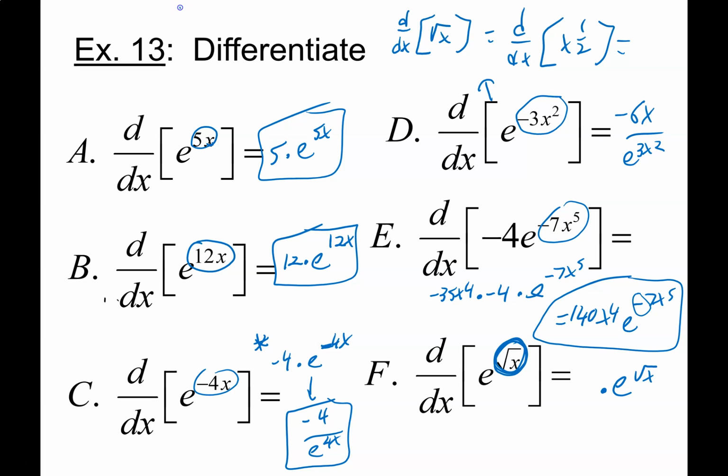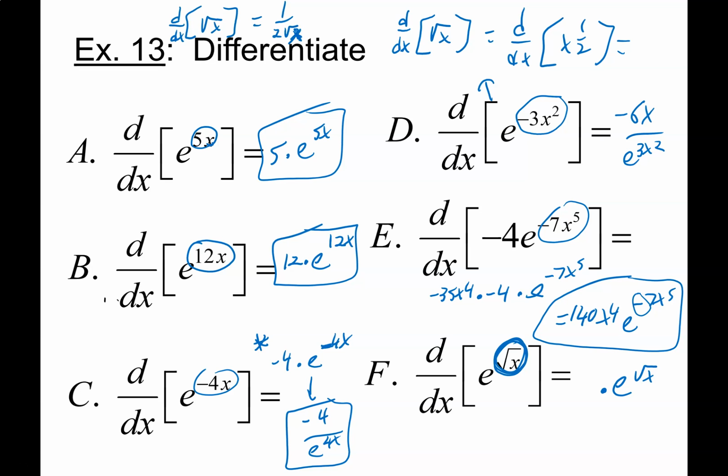My hope is that this is one of those little innate facts that you just have memorized. For instance, if someone were to come up and ask me, what is the derivative of root x? I would tell you it's 1 over 2 root x.